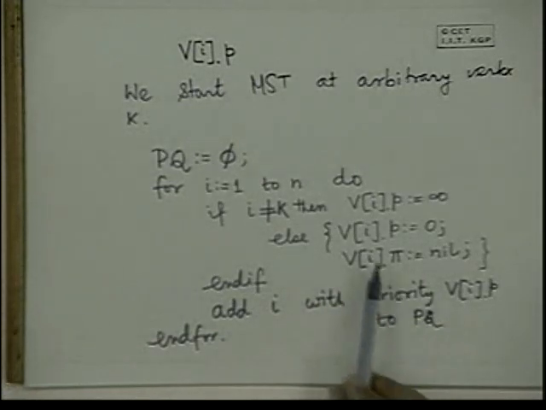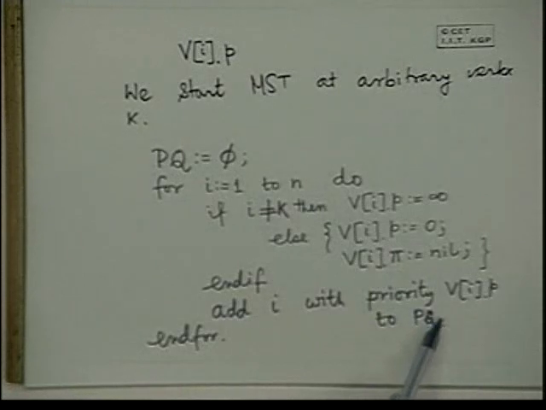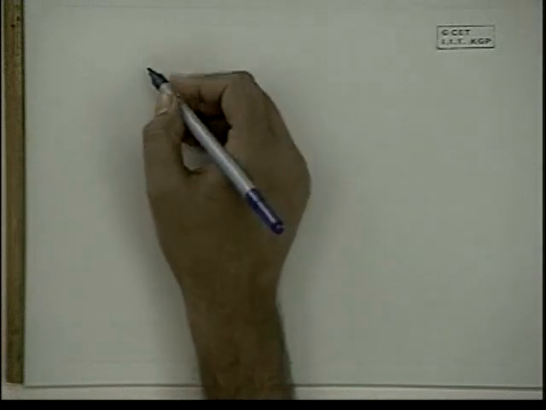First you initialize the priority fields of the vertices. We'll see what those priority fields are. Actually you will observe that these priority fields will tell you which edge to choose next. And with those priorities you just add them into a priority queue. Okay, now let me write the algorithm, the main part of the algorithm.